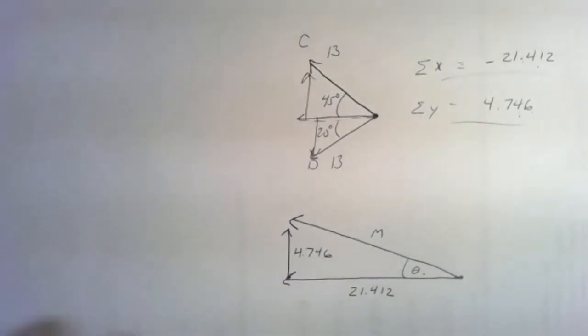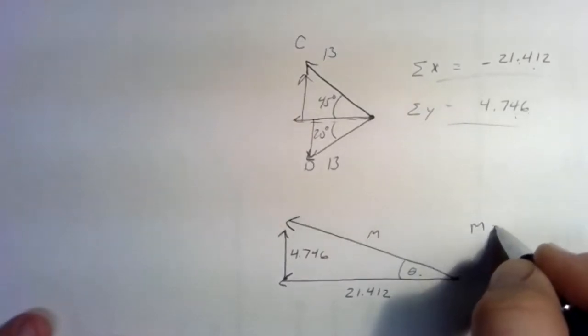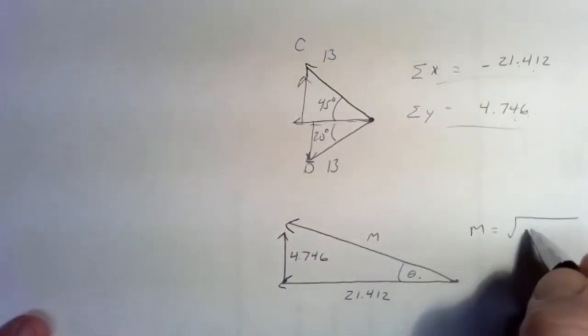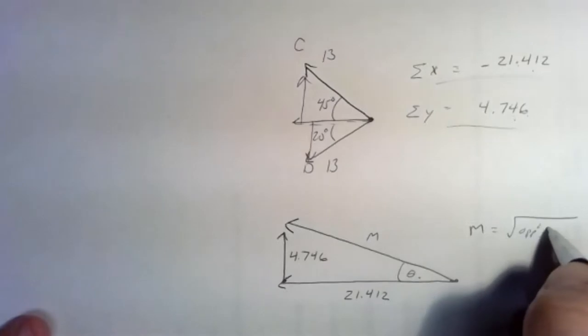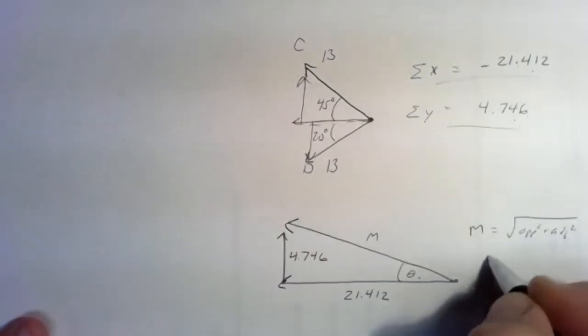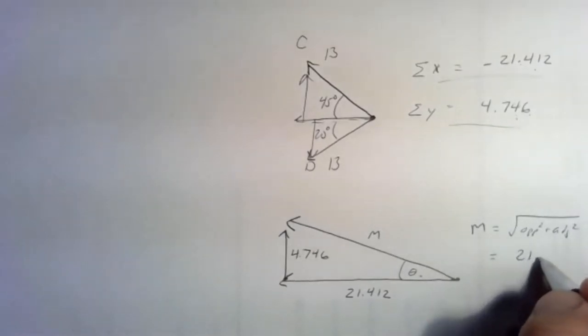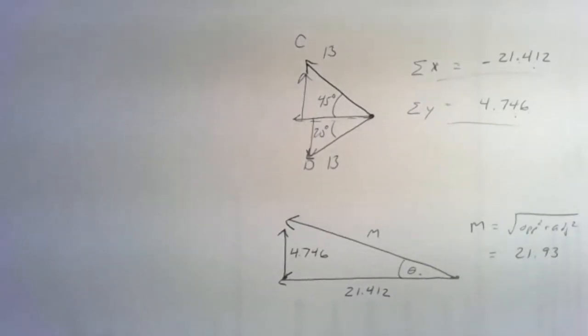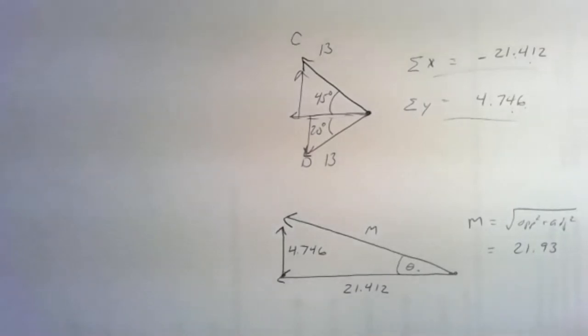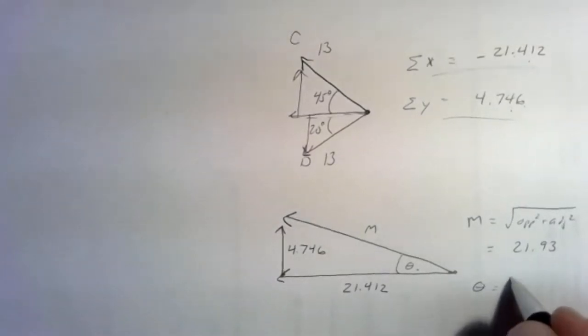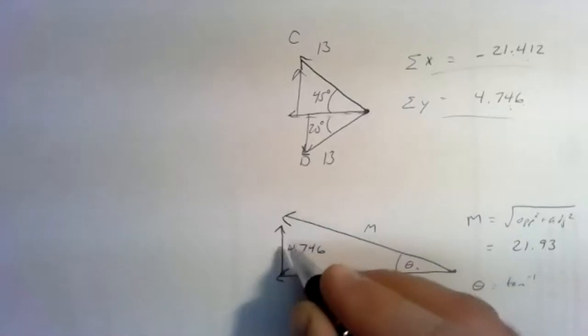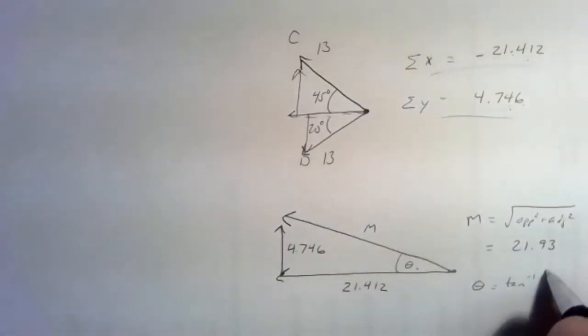So all that's left is to get the numerical values for that. The magnitude you'd get from taking the square root of your opposite squared plus adjacent squared. And if you work that out correctly, your magnitude should come out to be 21.93. And then your angle you'd get from your inverse tangent of the opposite over adjacent.